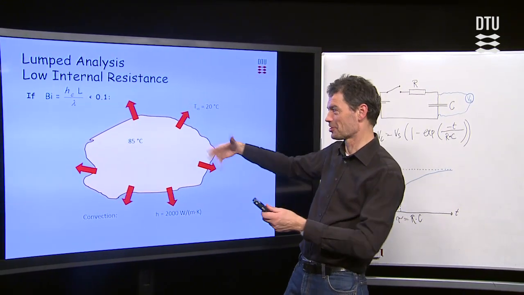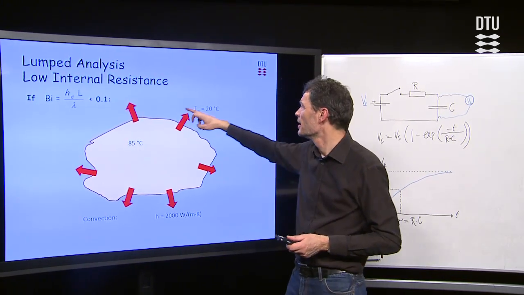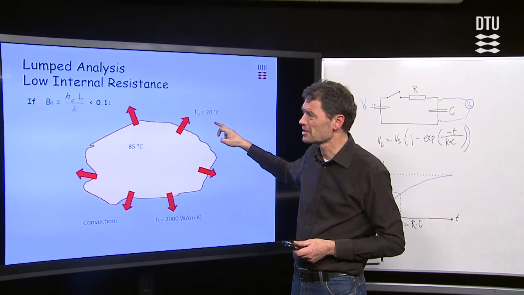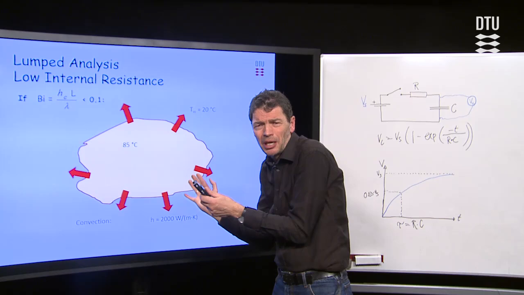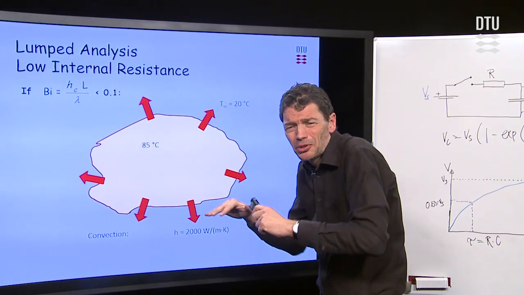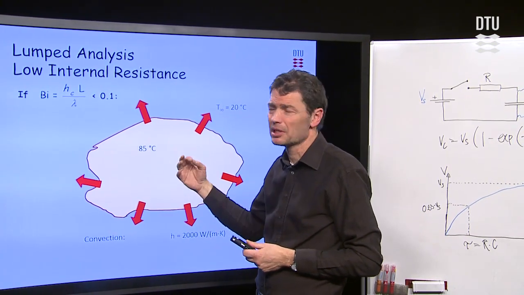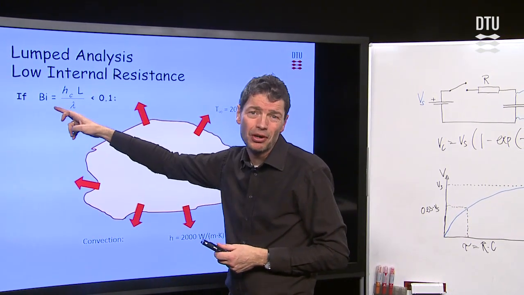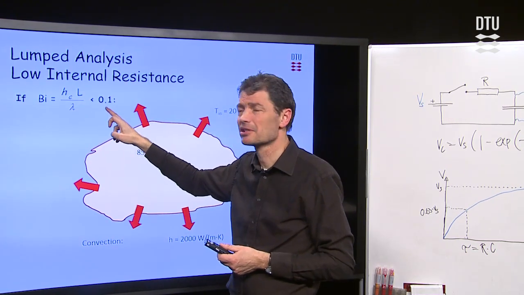For instance, a potato, which for some reason starts at 85 degrees centigrade and is put in an environment where it's 20 degrees centigrade. If the potato can be assumed to have all the same temperature, we consider it to be a lump. And this lumped analysis is a good approximation if the Biot number, as you learned in that other course, is less than 0.1.